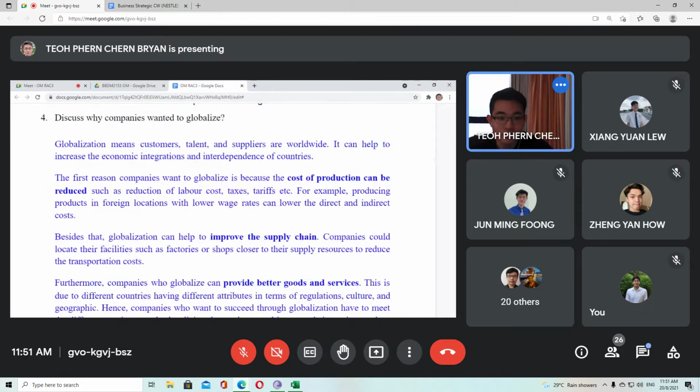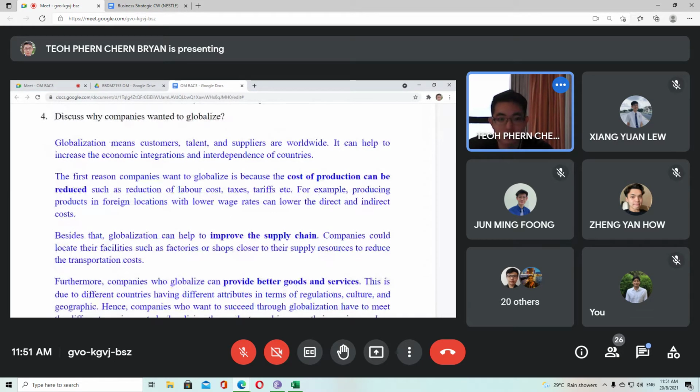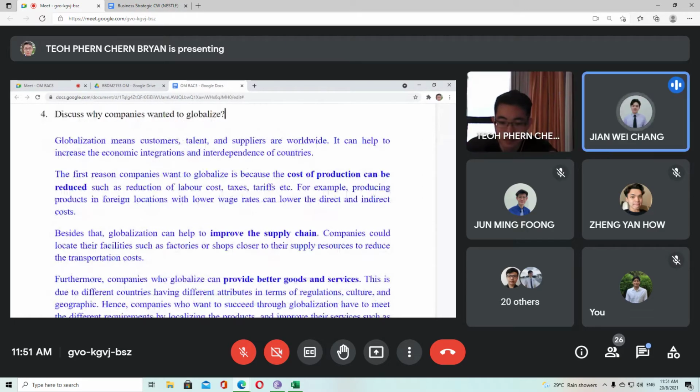Number 4. So number 4 is discuss why company want to globalize. So globalize means the customers, talents, and suppliers are worldwide, and it can help to increase the economic integrations and interdependence of countries.